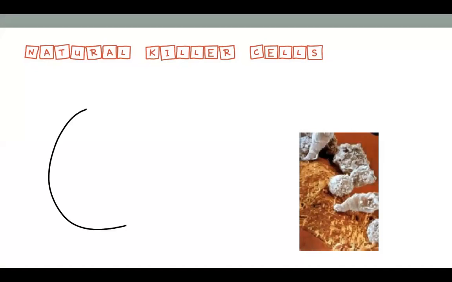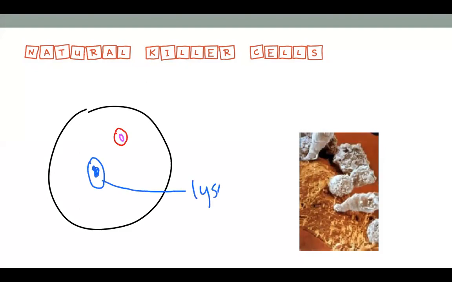So then what happens is, here's your cell, and what color was it? Here's the vesicle, there's a phagosome, and here's my pathogen. You're going to have another vesicle come along, and this is a lysosome. You remember what lyso means, to break. And that's going to have enzymes, my little blue blobby stuff in there, that's enzymes.